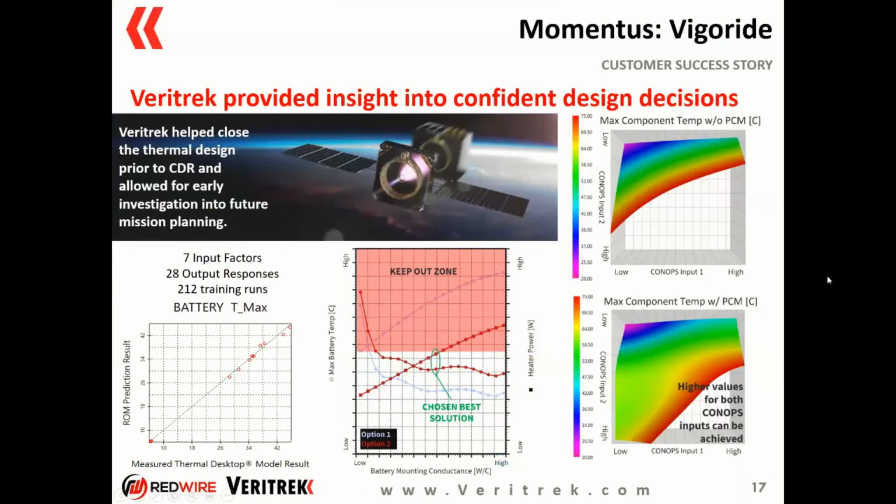Momentus has used Veritrek to perform some design risk mitigation and also to do some future mission operation trade studies. And so they've used this at the CDR level of their thermal design and a little bit more forward looking on the mission ops side as well.